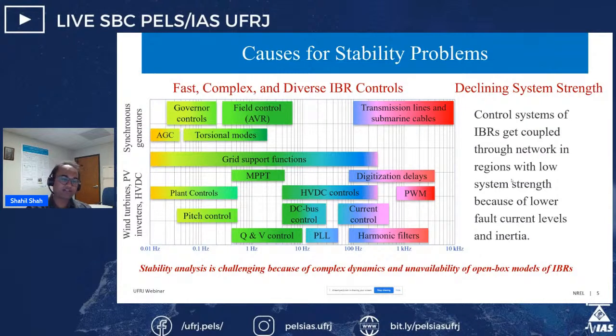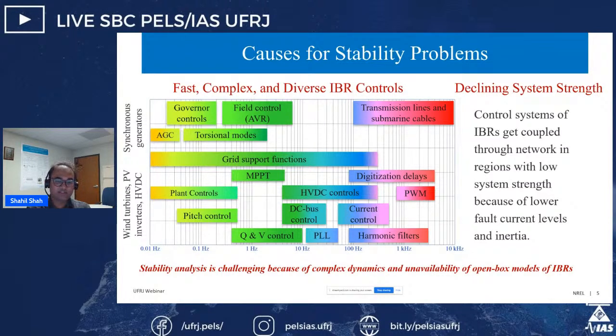Before talking about the tools, let me give an overview of why we are seeing these oscillations or these control interactions. The main reason is that in the classical power system, when we had just synchronous generators, the dynamics were very simple. If you take any synchronous generator, you can very well describe its electrical dynamics using a few differential equations, 9 to 15, and there are standard models available which very well define how the synchronous generator is going to behave.